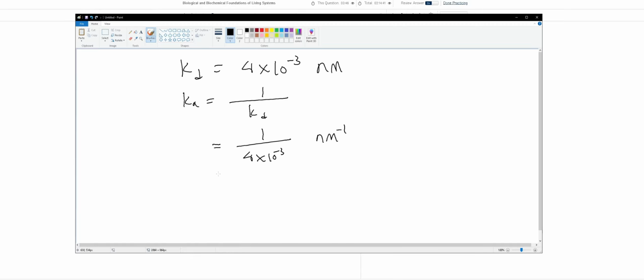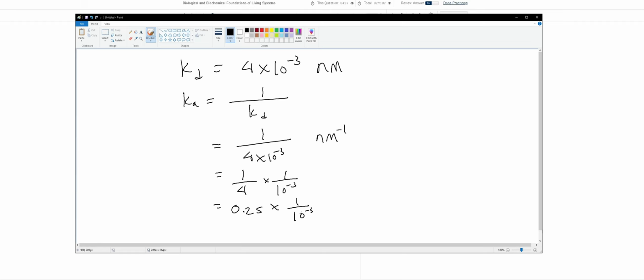Now, if we further break this apart, we get 1/4 times 1 over 10^-3. If you convert 1/4 to decimal form, it's a quarter, so it's going to be 0.25 times 1 over 10^-3.